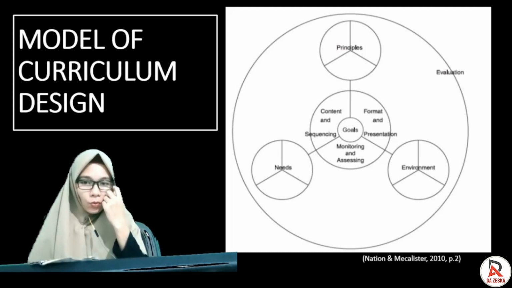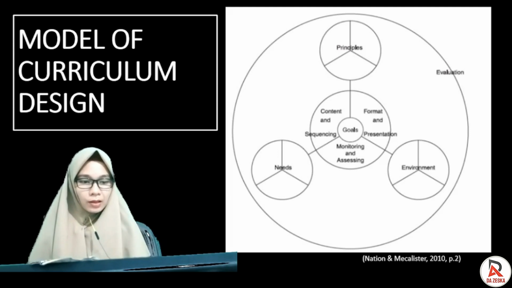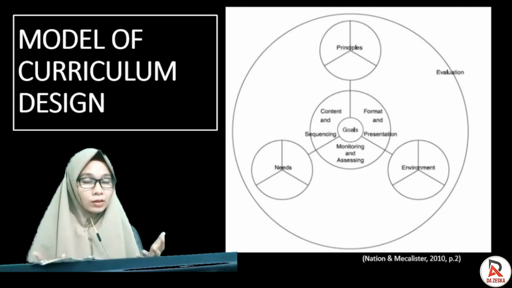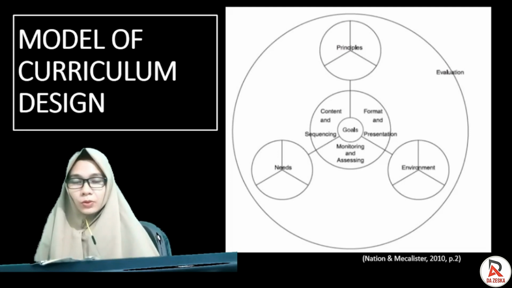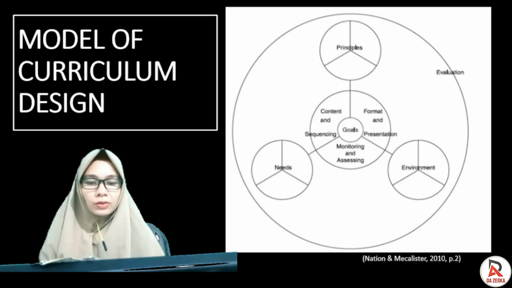And why I always put Nation and McAllister 2010. This is because based on my lesson plan, I had already shared this syllabus, or my lesson plan, with you too.